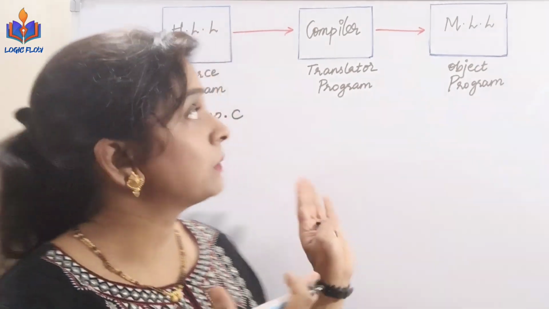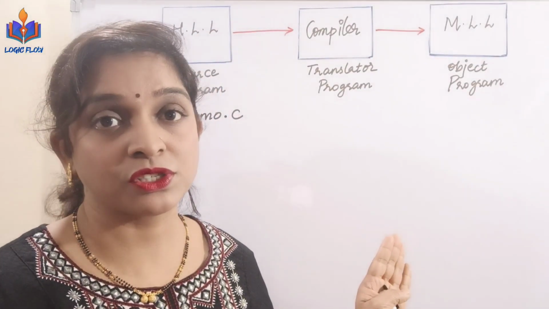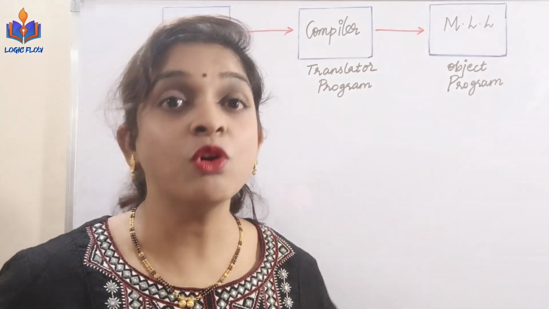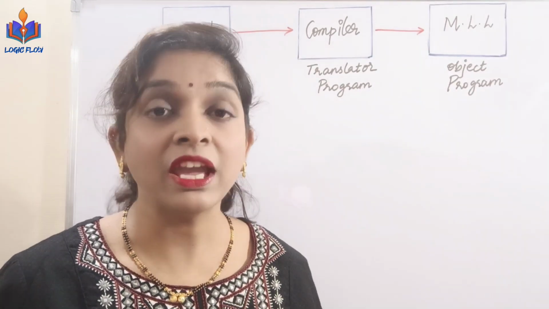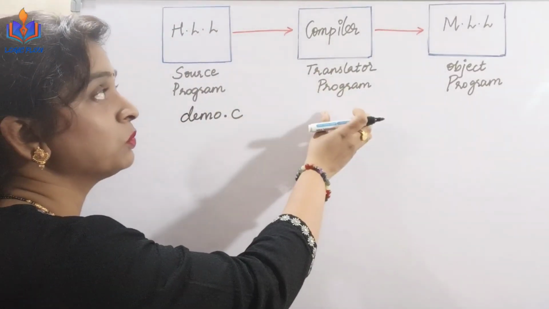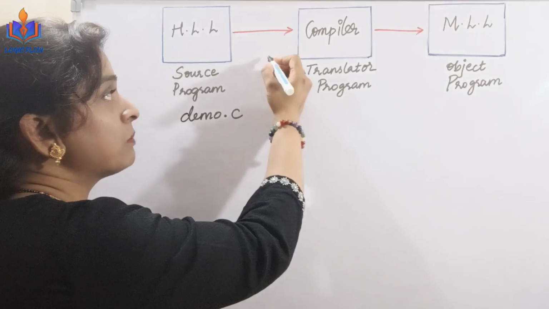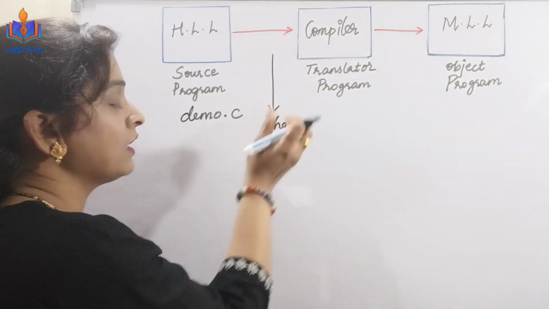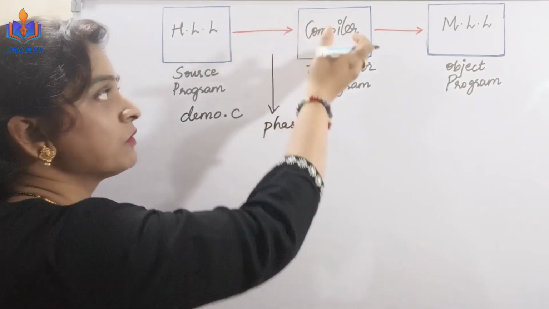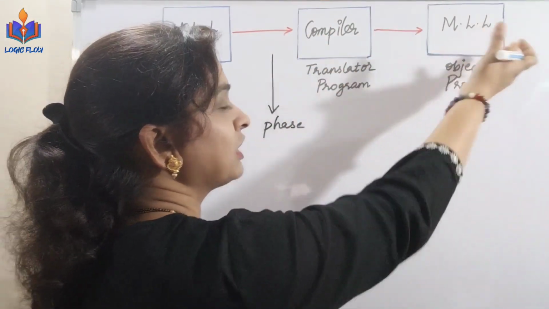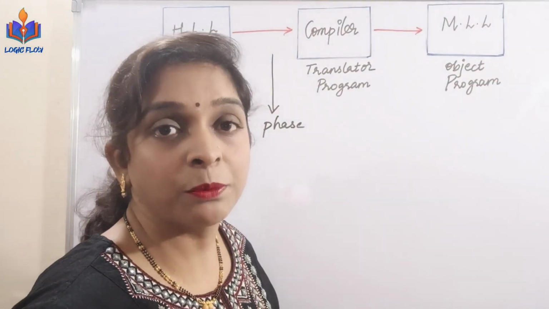But this complete compilation process involves many other phases. Those phases we have to study now. When I talk about this source program given to the compiler, there is one more phase which comes into picture here, and the output of that will be given to the compiler. Then the compiler translates your program and converts it to the object program.